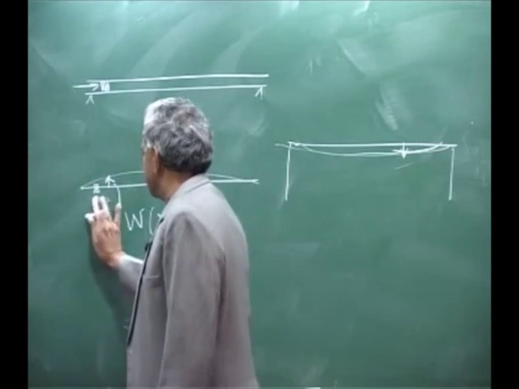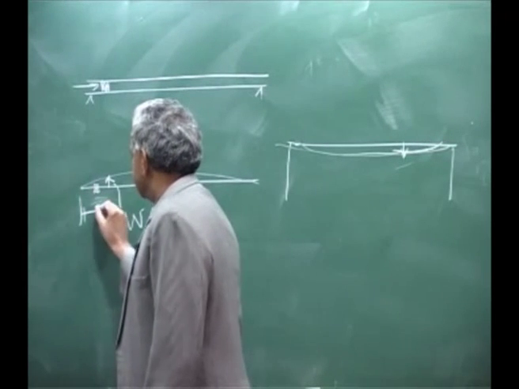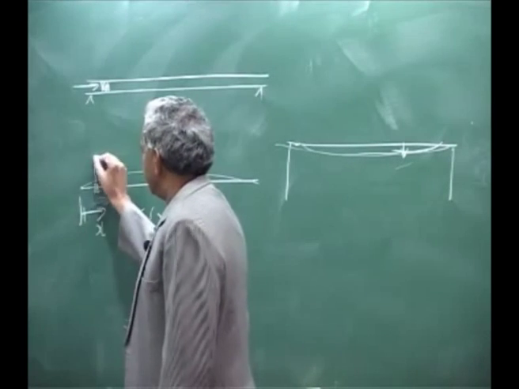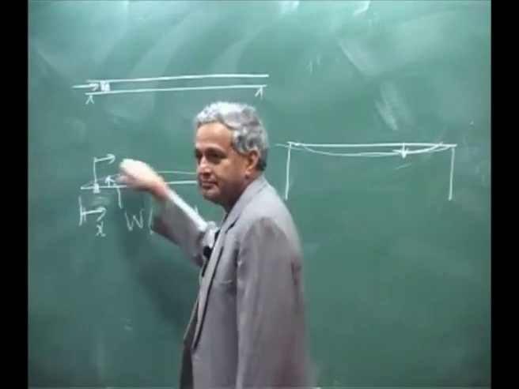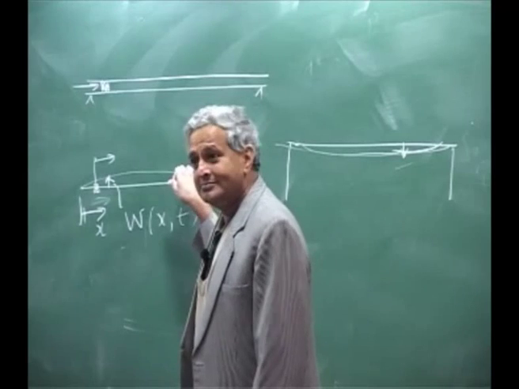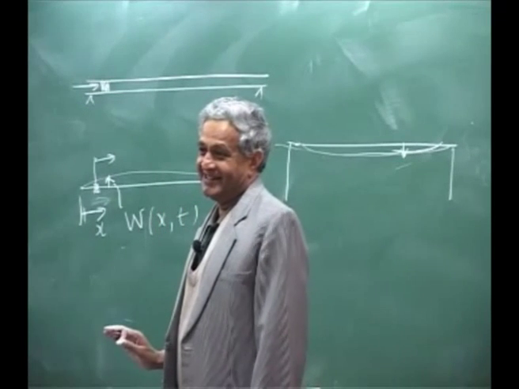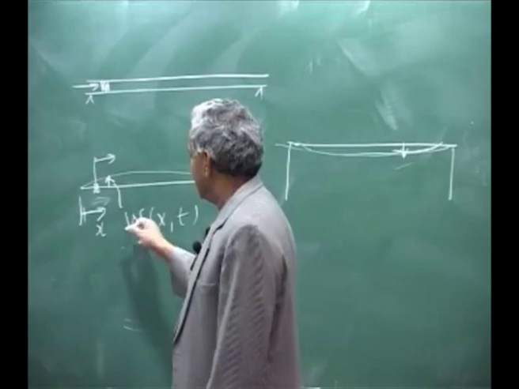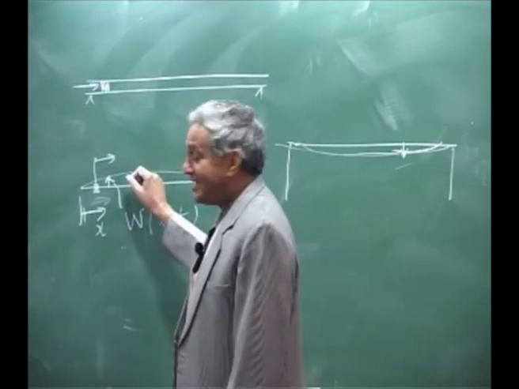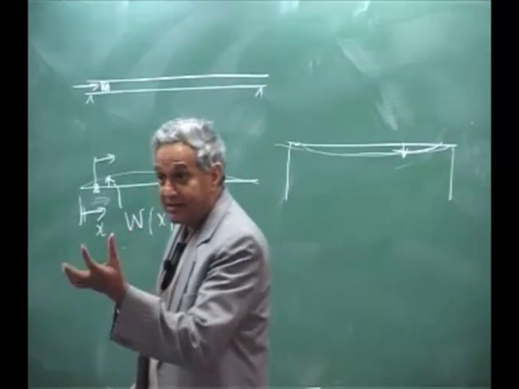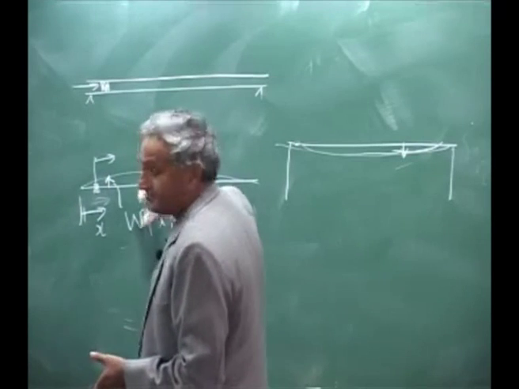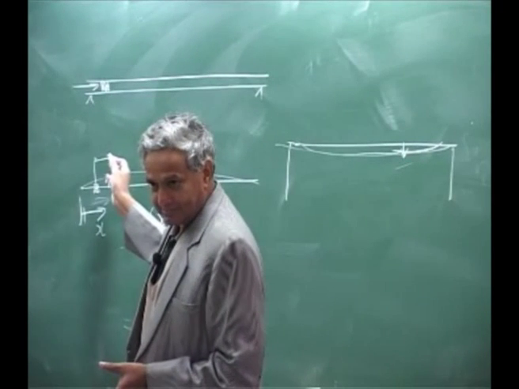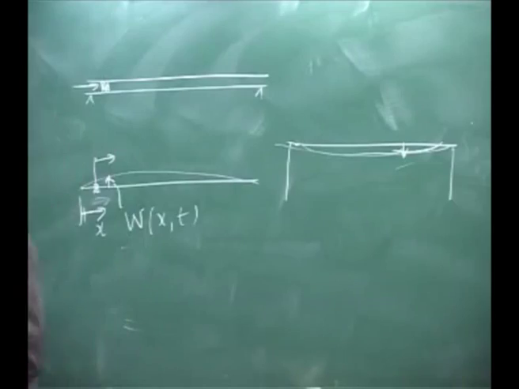This is x, and this particle has its own velocity. Now you write what is the acceleration of this mass in the vertical direction. Just that expression. Then you will find this is very similar. This equation you can directly use.